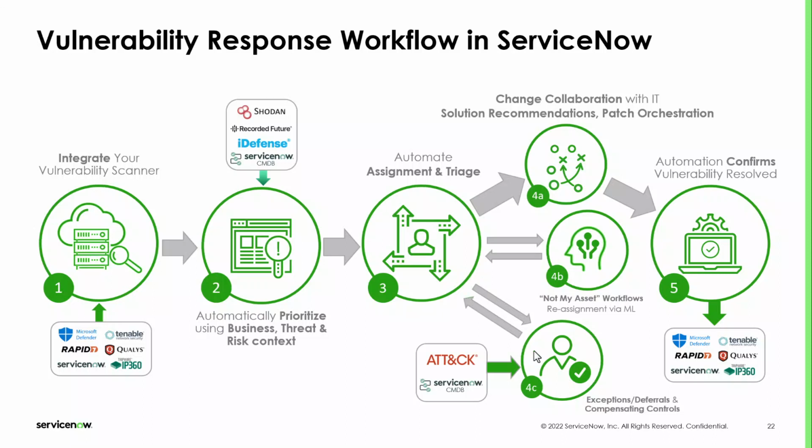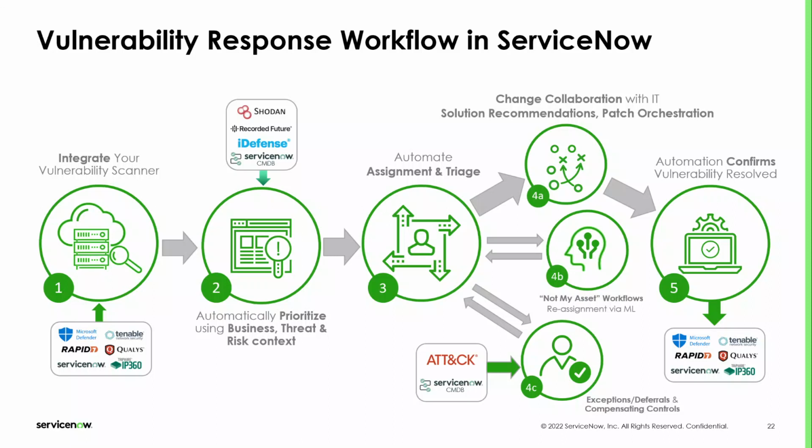Now, before we get to remediation, there are a couple options for your IT teams once they receive a remediation assignment. If there are exceptions or deferrals that they believe are necessary for this vulnerability based off of things that they're currently doing on the network, or if they believe they've implemented compensating controls for that vulnerability, they can mark those things and send those actions back to the vulnerability teams for their review and acceptance.